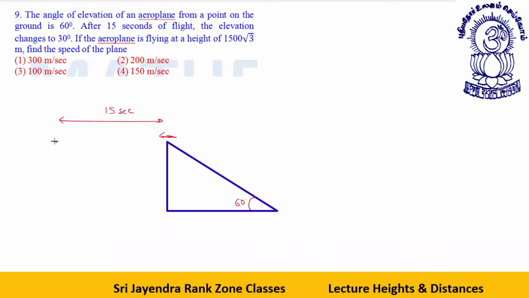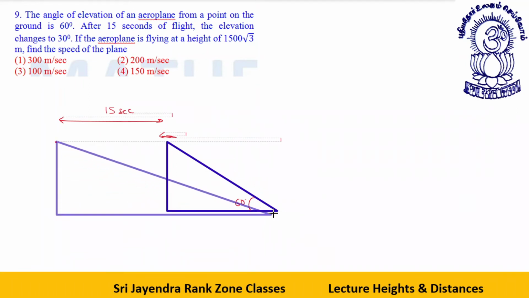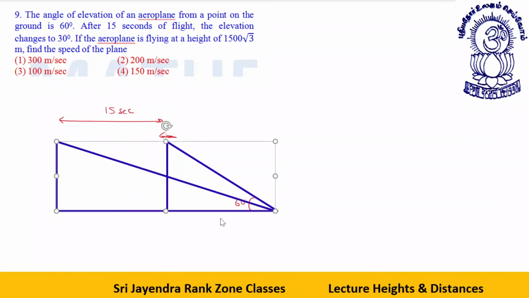That is, this point. Now this angle of elevation changes to 30 degrees. Initially, this angle was 60 degrees. If the aeroplane is flying at a height of 1500 root 3, this is 1500 root 3, then find the speed of the plane.